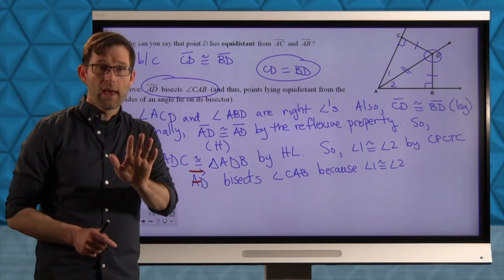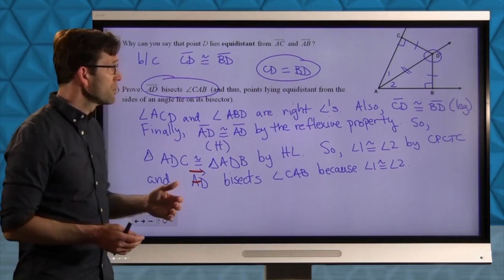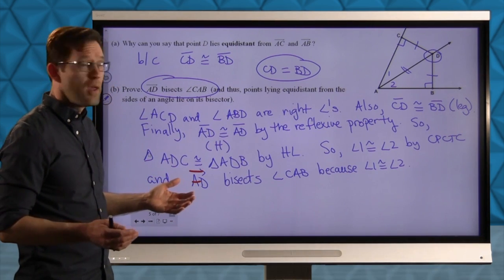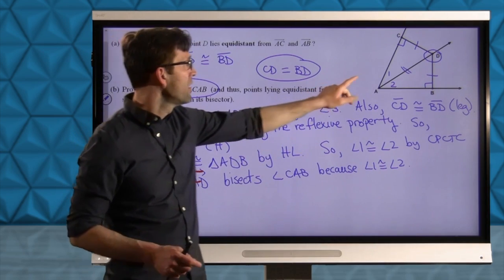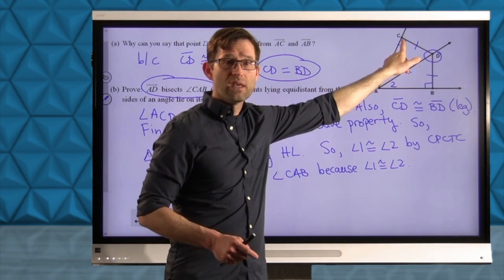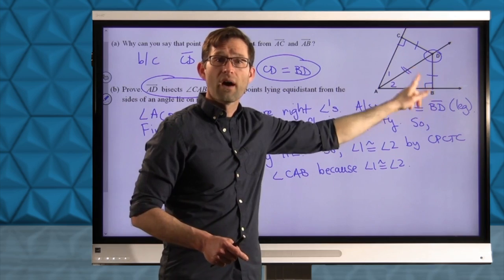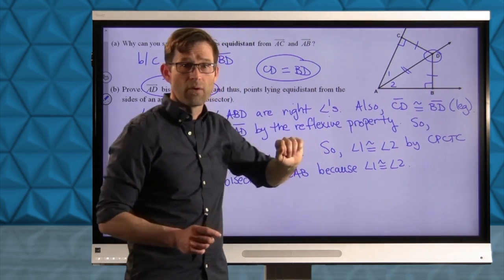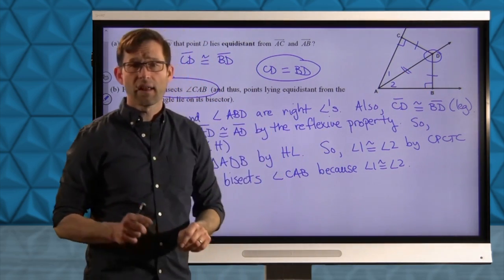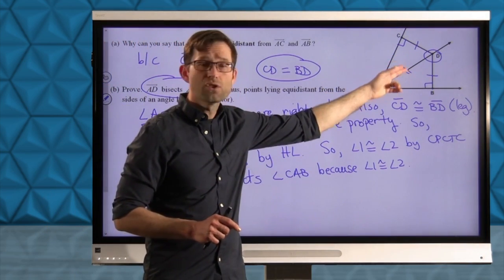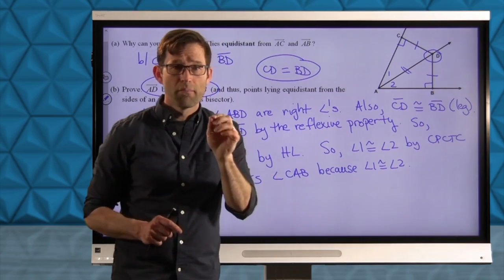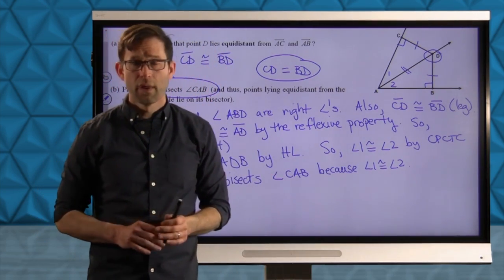All right, so again, make sure that you understand what just happened, right? We knew on this angle, with this ray drawn, that this point on the ray was equidistant from the two sides of the angle, the two rays of the angle. Based on that, and that alone, we were then able to establish that these two triangles were congruent based on the hypotenuse leg theorem.